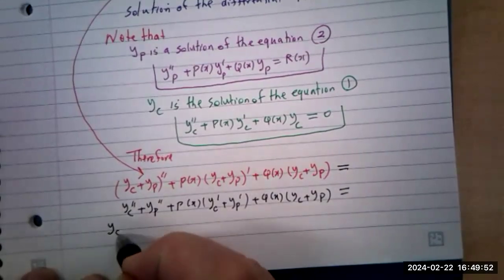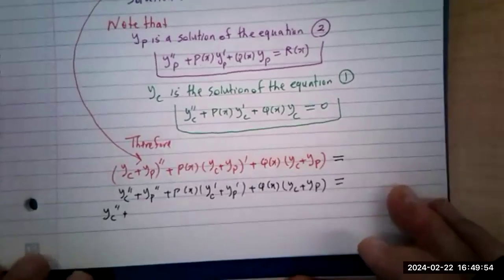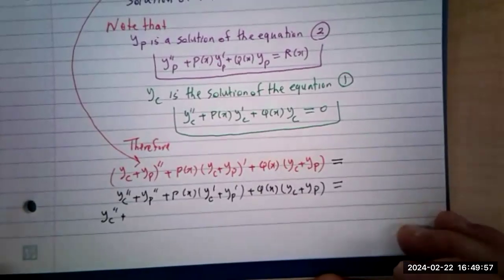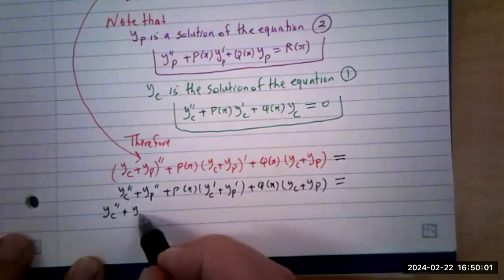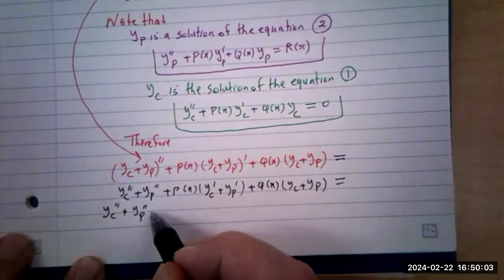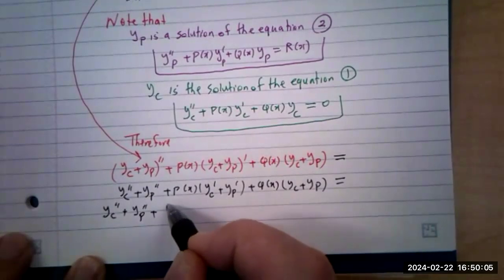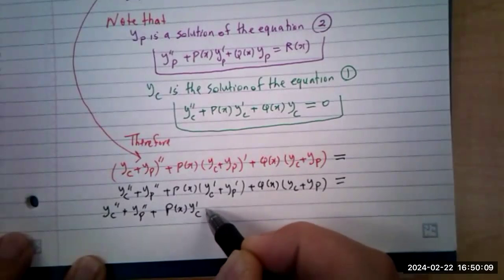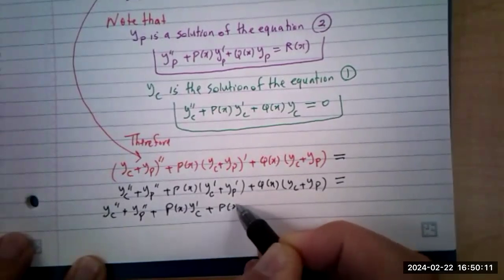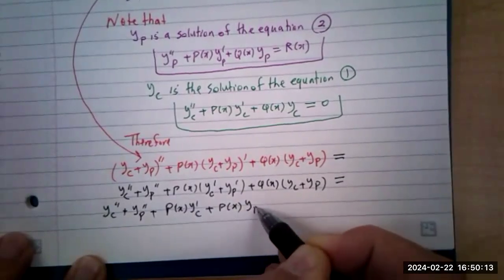So multiply these parentheses over here and simplify. It's going to be yc double prime plus yp double prime, plus p of x times yc prime plus p of x times yp prime.